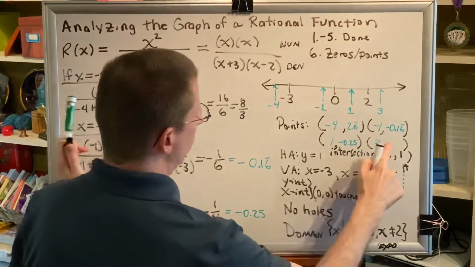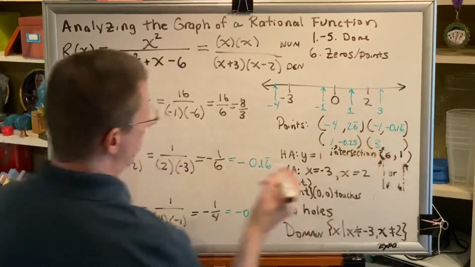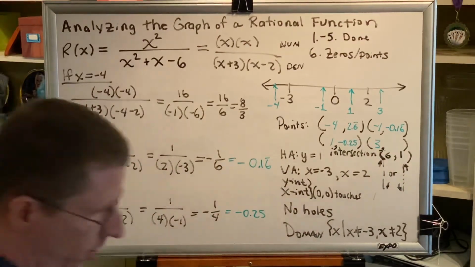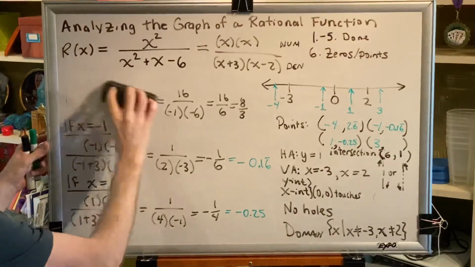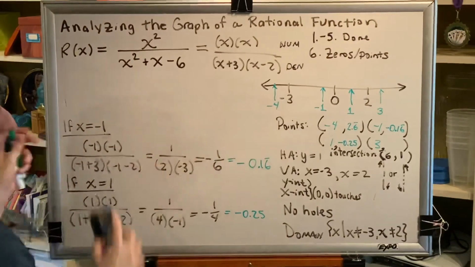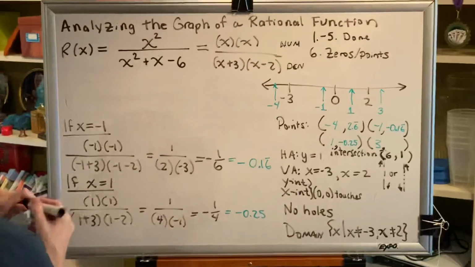All right, and that just leaves us one more point, which is an x value of 3. I've run out of room, so I'm going to make some space up here. All right, here we go.